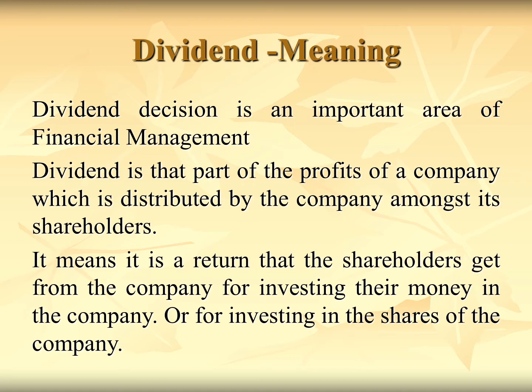Dividend is the part of the profit, left with the company after the payment of interest and taxes, which is distributed to the shareholders. Whatever is paid to the shareholders is known as dividend, and the remaining part left with the company is known as retained earnings.